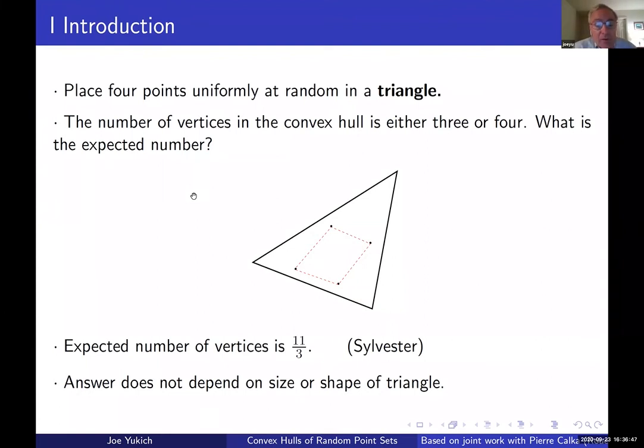It's a number between 3 and 4, which is what we would expect. And I'll just point out here that the answer does not depend upon the size or shape of this triangle. In other words, the answer is invariant under a change of scale, and it's also invariant under an affine transformation.